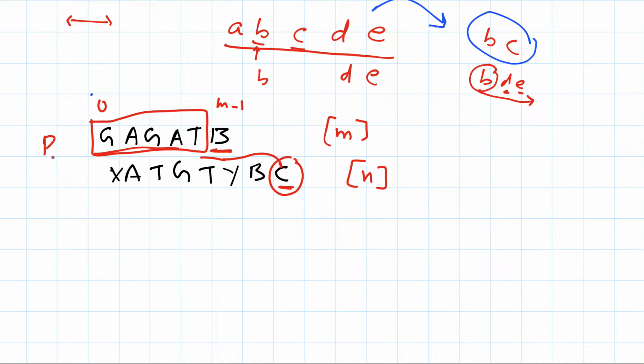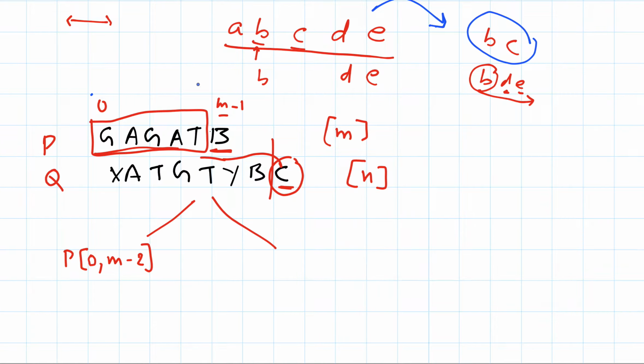So this is P, this is Q. Either C is part of the subsequence or not. If C is part of the subsequence, then we will solve from 0 to M minus 2, because we know the M minus 1th character does not equal C. Or if C is not part of the subsequence, we can simply ignore it.